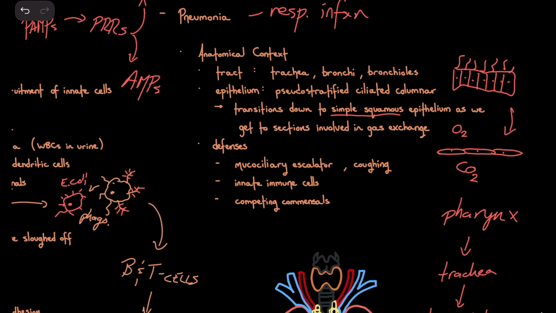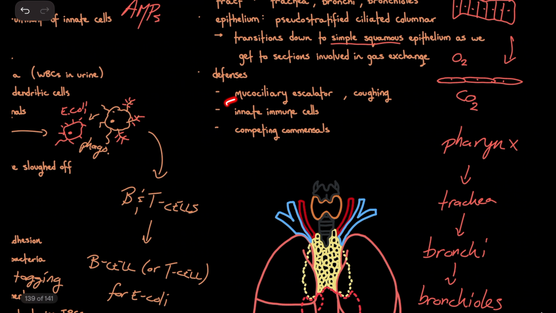All right. The other defenses that we have, yes, we have that mucociliary escalator. Great for cleaning out dust and debris and bacteria. Huge. Also coughing. You don't really think about it, but the whole point of that is to hopefully huck up whatever is irritating you. That coughing reflex is so we don't get particulate matter in our windpipe, because our body knows that's bad.